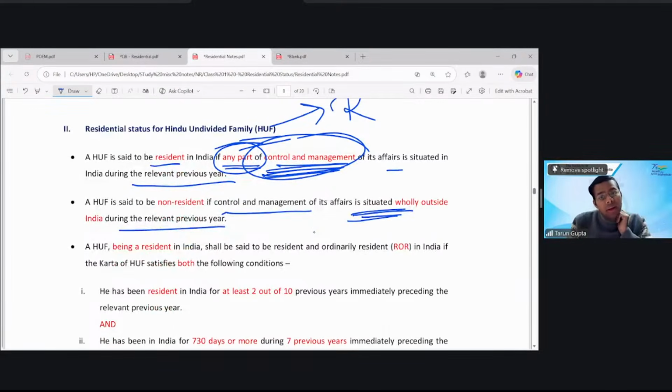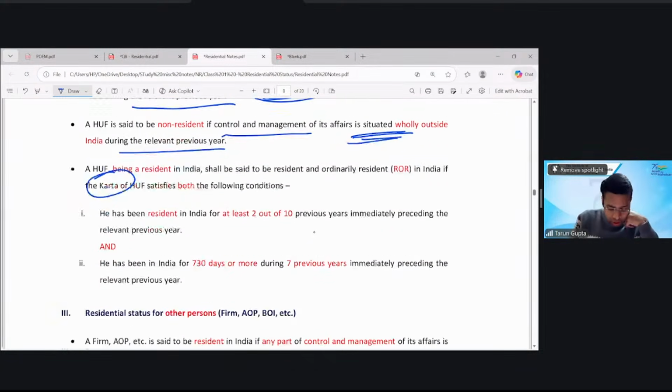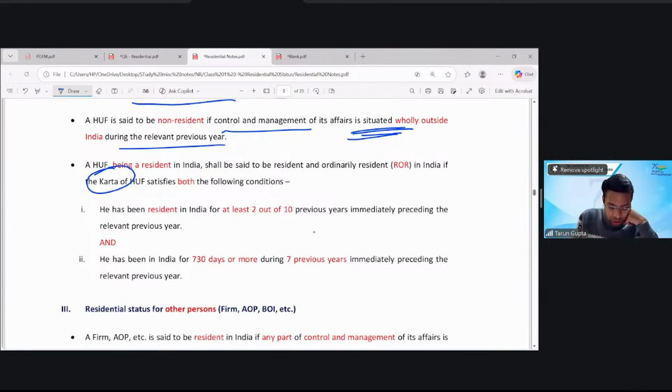In HUF as well, there is a concept of ROR and RNOR. The conditions are the same, but we have to check them qua karta. If the HUF qualifies as resident because any part of its control and management is in India, then we have to see whether the karta satisfies the additional two conditions: he was resident in India for at least 2 out of 10 years, and he was in India for 730 days or more during the last 7 years.